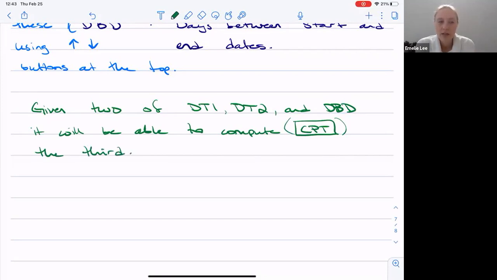What we need to learn is how to enter dates into date 1 and date 2. It's going to require a specific format, and that format is month, month, dot, day, day, year, year.